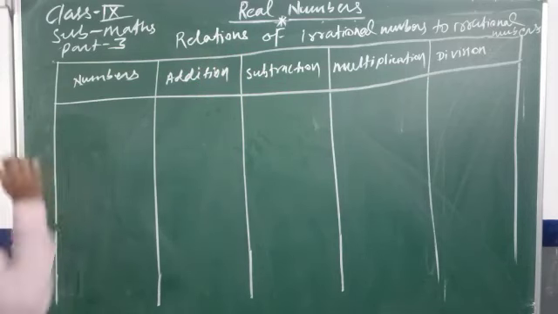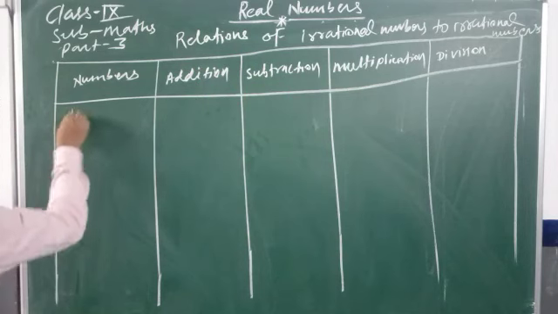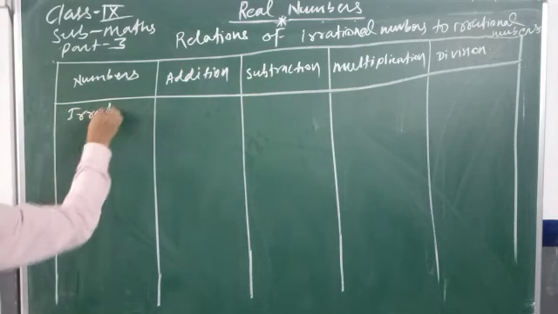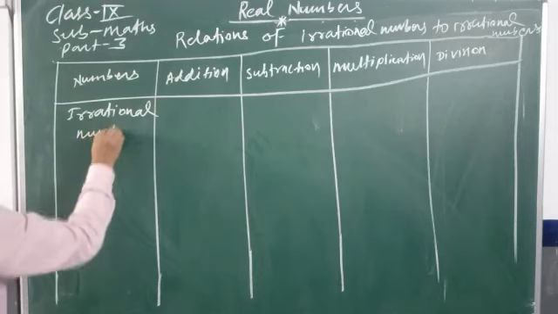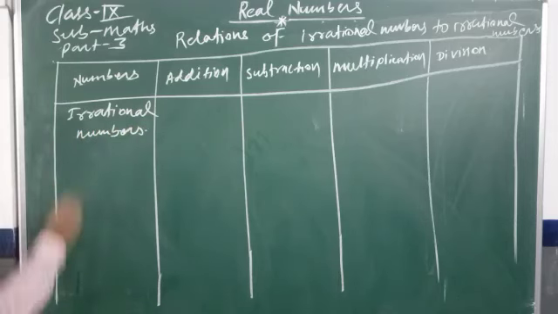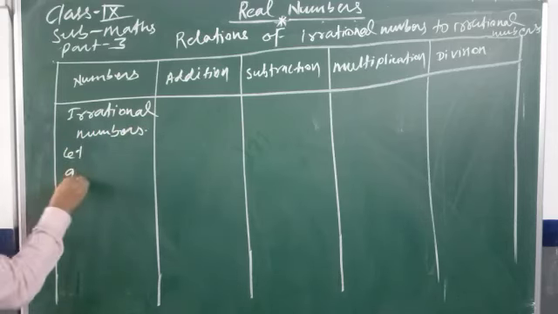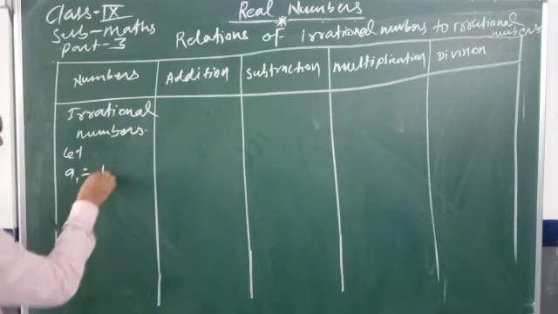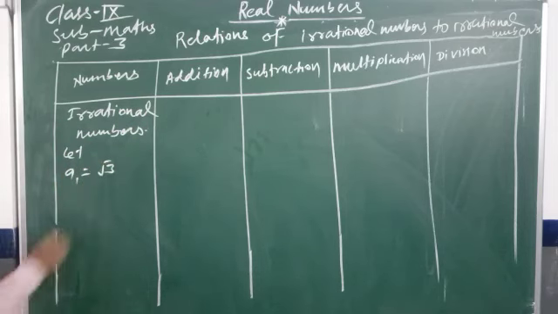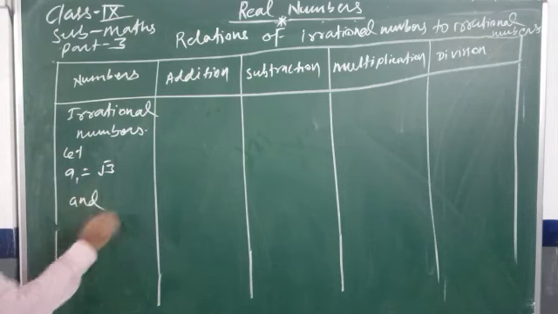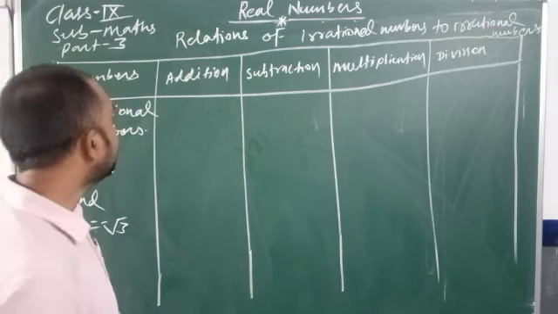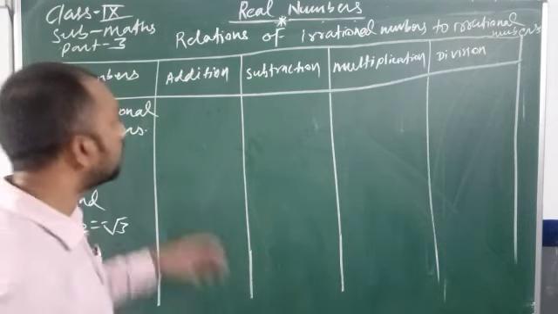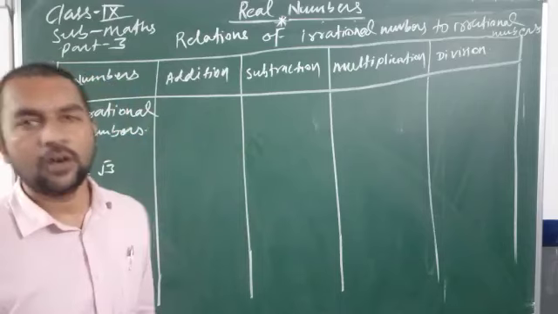The number type is irrational numbers. Let the first irrational number be √3, and the second irrational number be minus √3. Now we will define all the relations using all the operations.